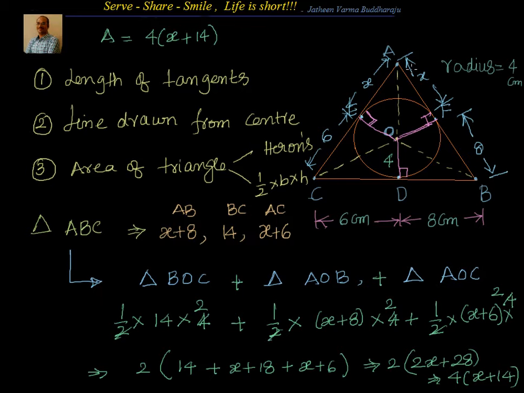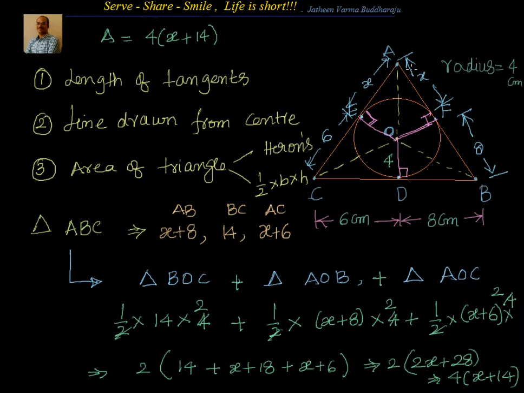And the second thing is we will use Heron's formula and find out the area of the triangle because we know the sides of the triangle. Now let's go ahead and find out the area by Heron's formula. After that we will equate both these areas because both of them should be the area of the triangle. It should be the same. So that will give us the value of x.